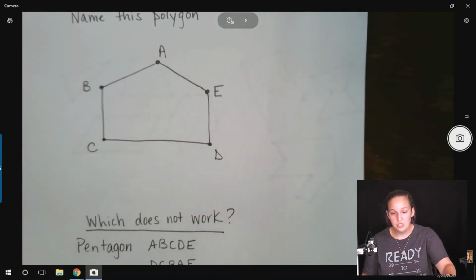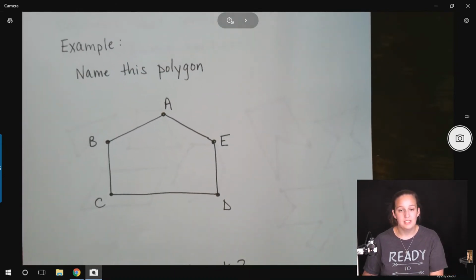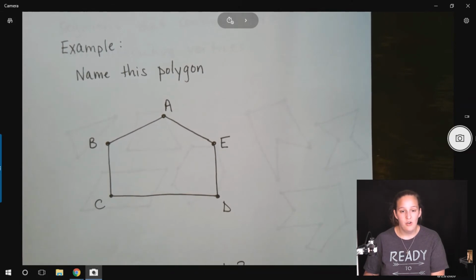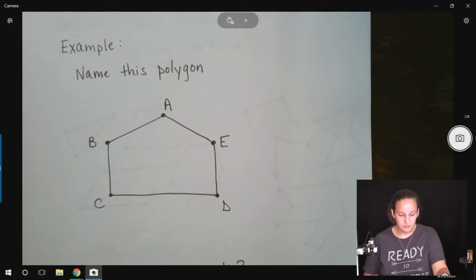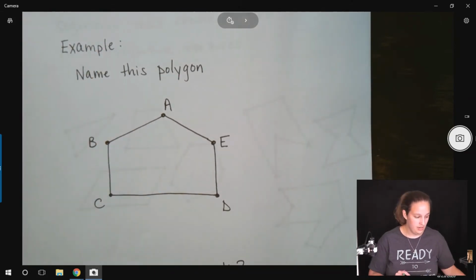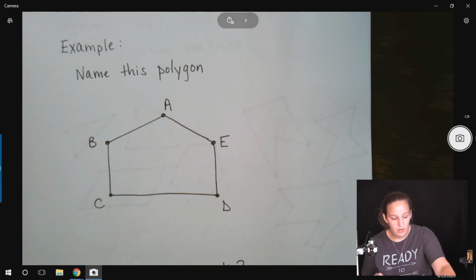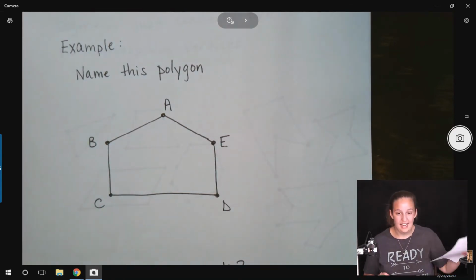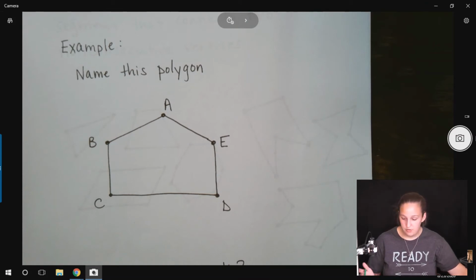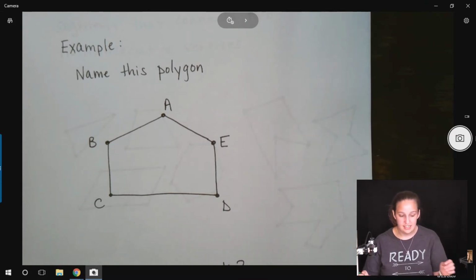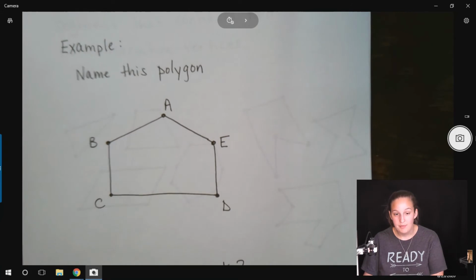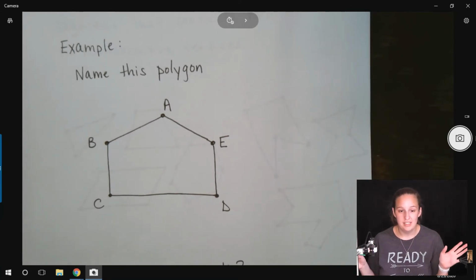The other thing we want to do is naming polygons. When you name a polygon, you have to go in order from one side all the way in consecutive order. So if you're going to list these vertices in consecutive order, you can start at any vertex you want.